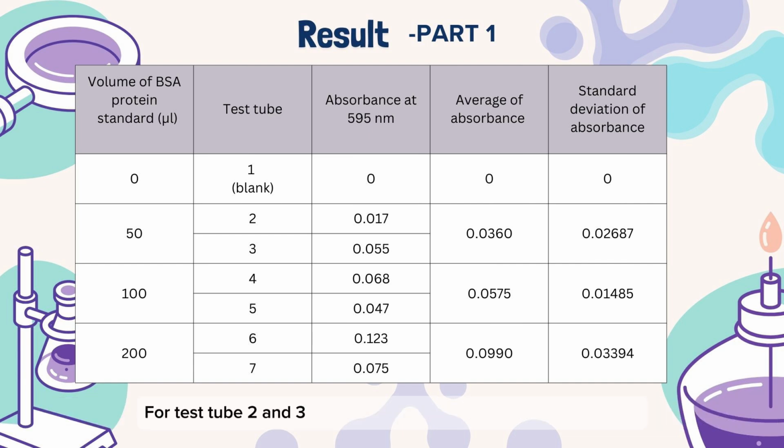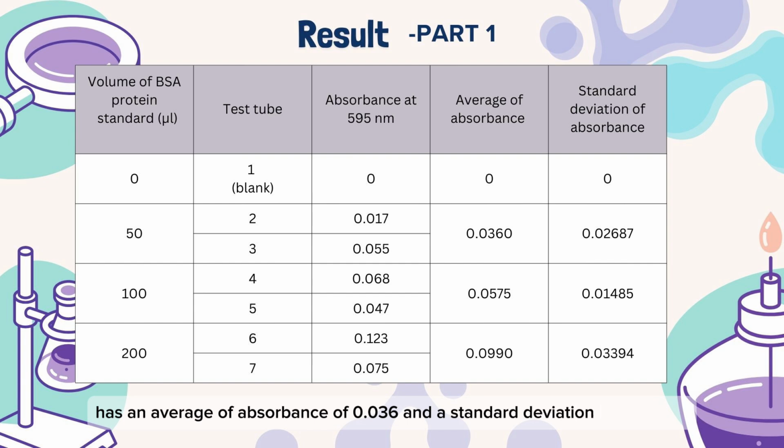Test tubes 2 and 3 that contain 50 microliter of BSA protein standard have an average absorbance of 0.036 and a standard deviation of 0.02687.